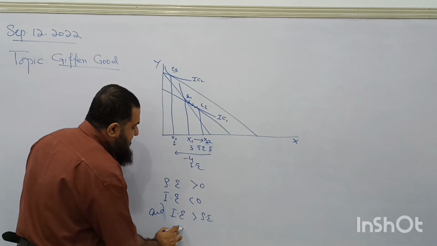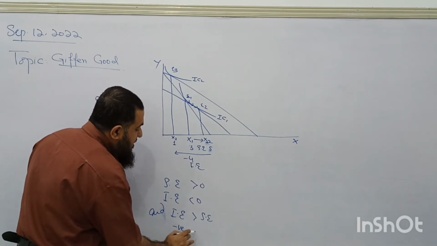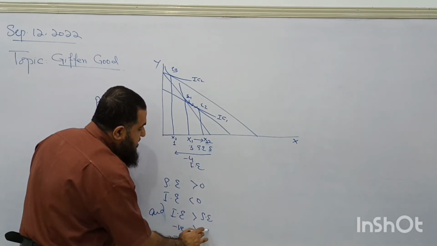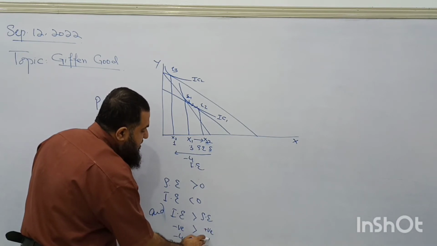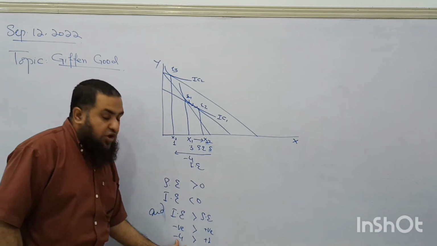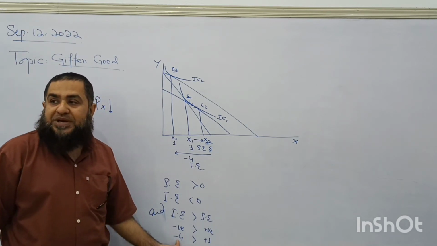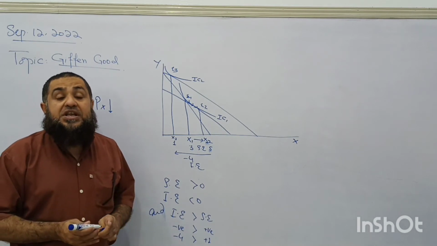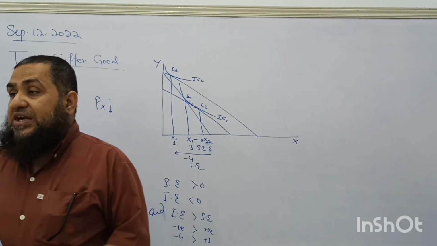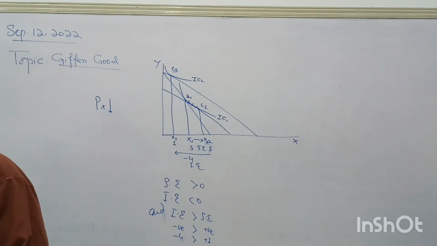This is negative 4, and this is positive 2. So the consumer has decreased consumption by 4 units. So the income effect of a Giffen good is negative, which is stronger than the substitution effect. Therefore, he will finally consume less of this product.